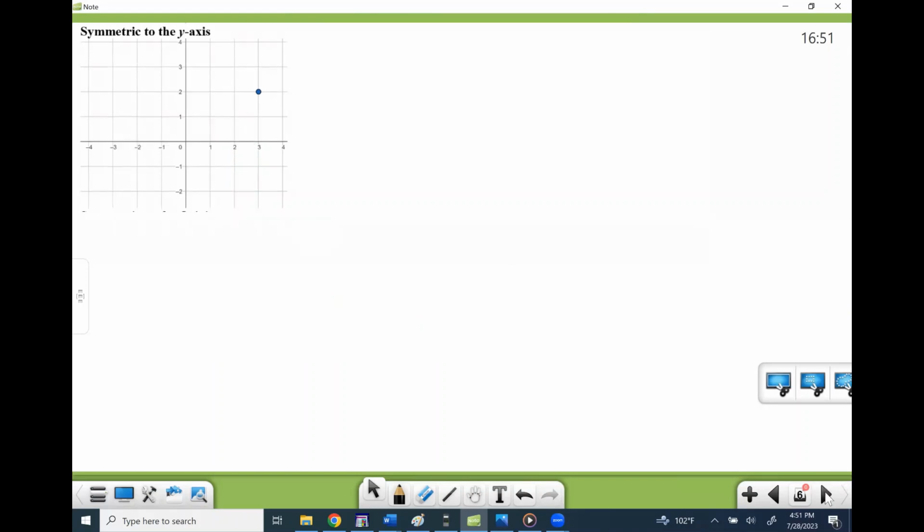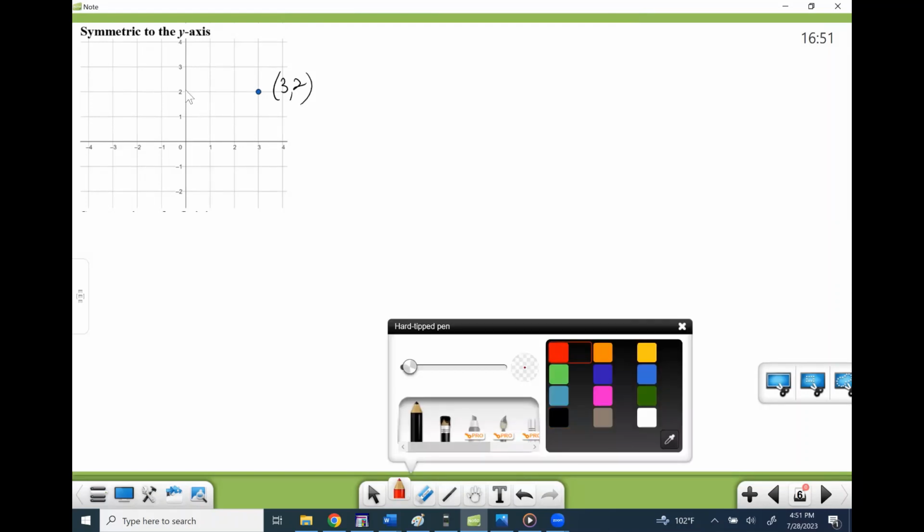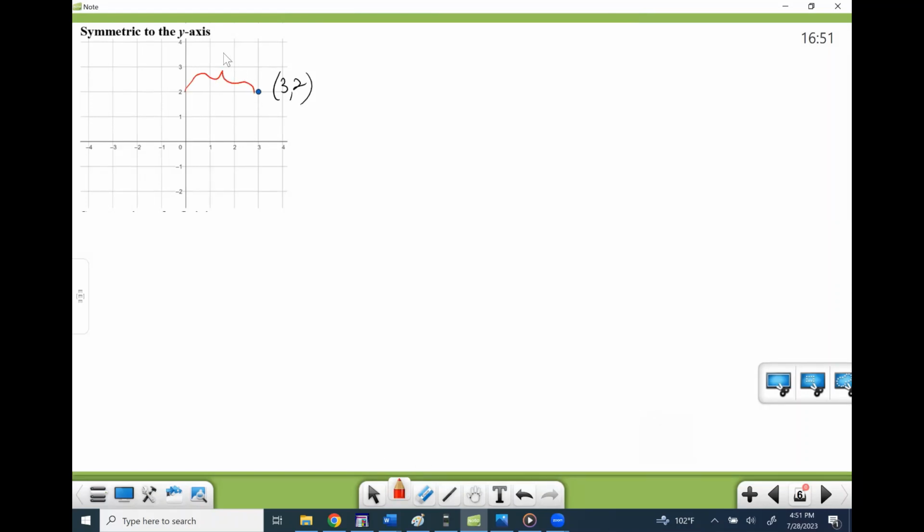If we're symmetric to the y-axis, still taking the 3, 2 that we had. But now we want to be symmetric to the y-axis. So this distance is 3, which means that we would need to do another 3. So that's going to put its reflection over here.